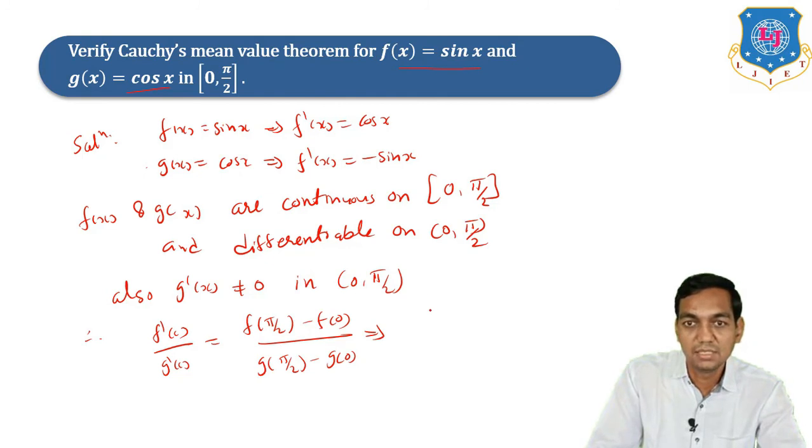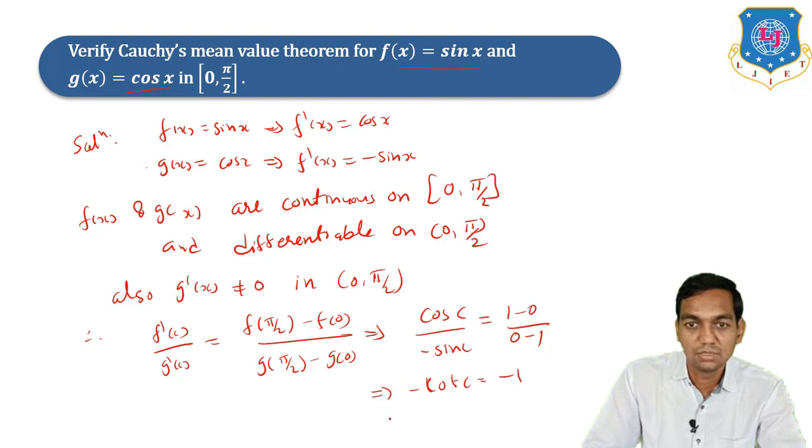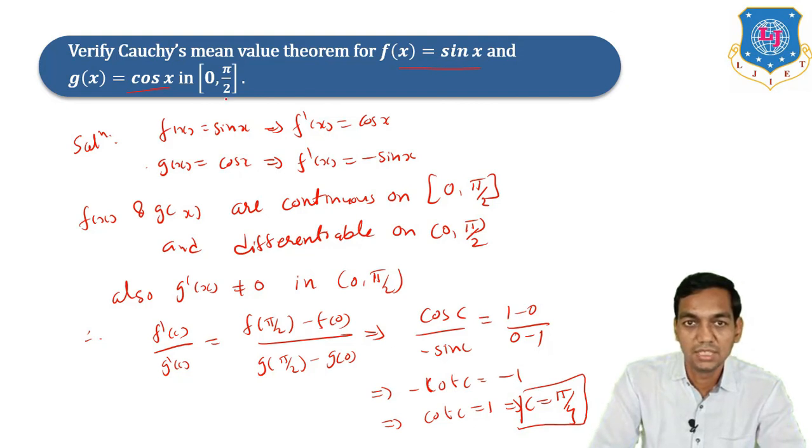But f'(c) is cos c and g'(c) is -sin c, equal to (sin pi/2 - sin 0) divided by (cos pi/2 - cos 0), where sin pi/2 is 1, sin 0 is 0, cos pi/2 is 0 and cos 0 is 1. That gives you -cot c = -1, so cot c = 1, and c = pi/4, which is in our interval. Therefore, Cauchy's mean value theorem is verified.